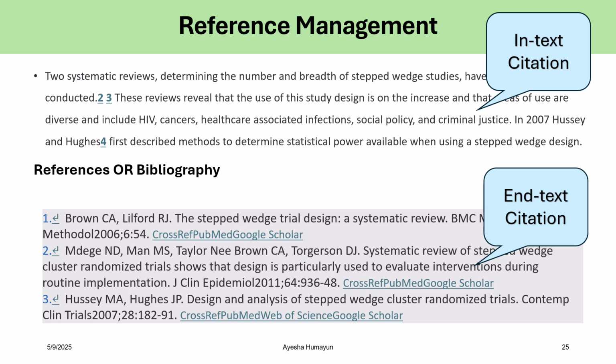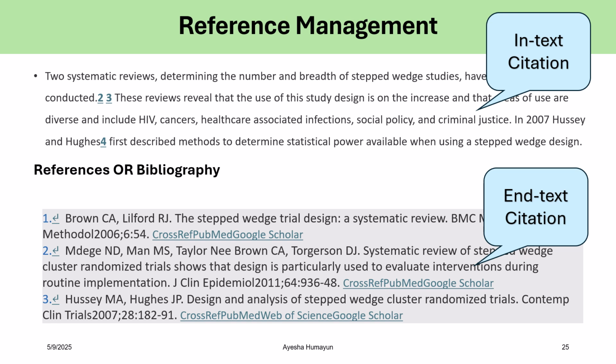What is the difference between references and bibliography? References are usually given at the end of the paper, depending on the format of the university. The difference is that references include the list of published or unpublished evidence that is cited within the text.